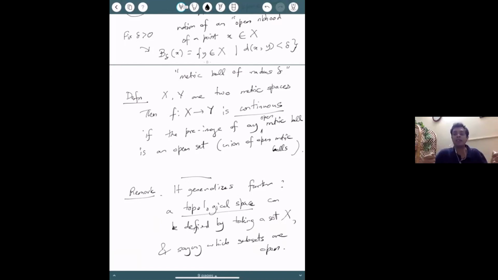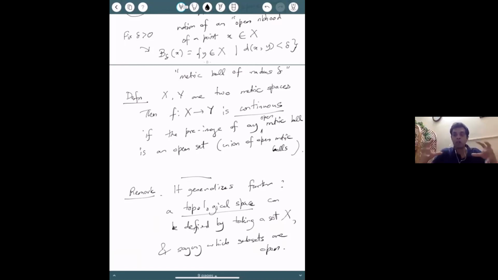Mathematics is great because it offers this kind of flexibility and abstraction. It discards the irrelevant stuff and gets to the core of whatever makes things work. And in the notion of continuity, what makes things work is this notion of neighborhood. You're jumping into the neighborhood of another point and so on.